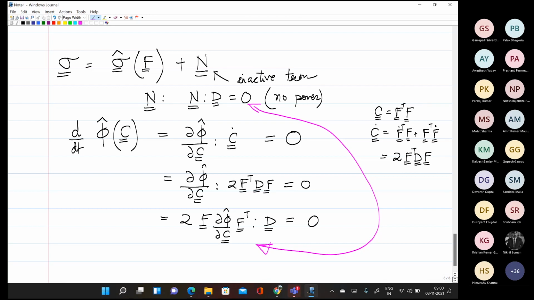So in a way N is perpendicular to D, and from below this thing is also perpendicular to D. So we can say that N is then some scalar multiple alpha times F into del phi hat by del C into F transpose, isn't it? So that's how we get the sigma.